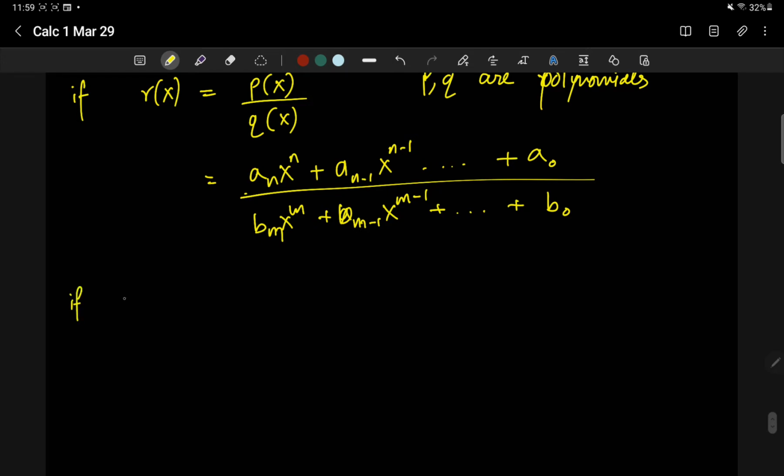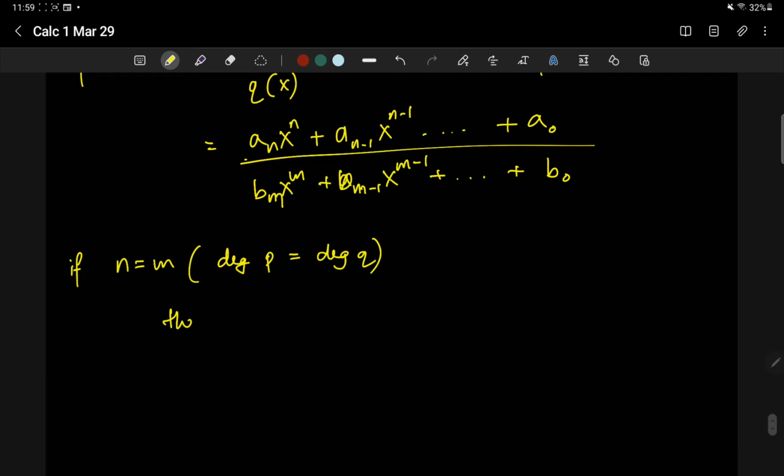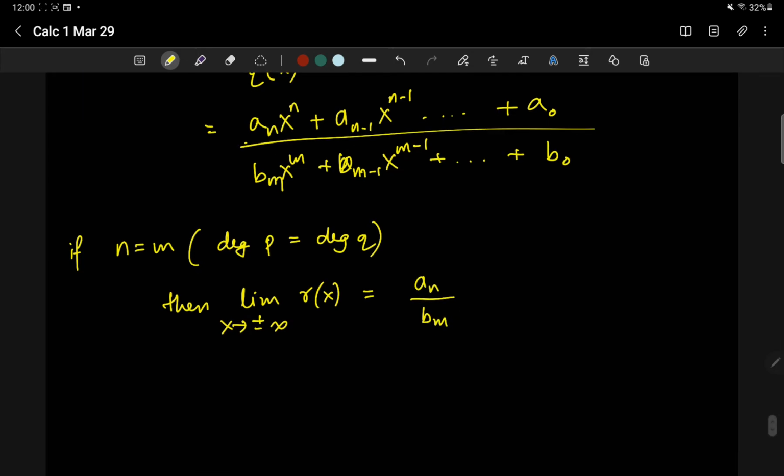Now if n equals m, that is, the degree of p equals the degree of q, then the limit as x goes to plus or minus infinity of this rational function is a_n over b_m.